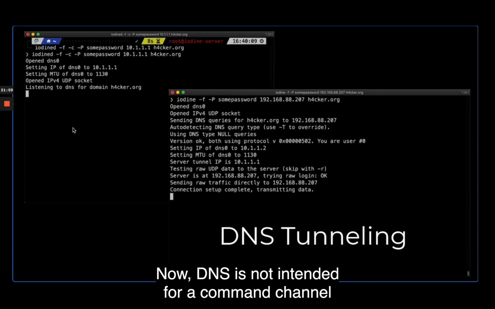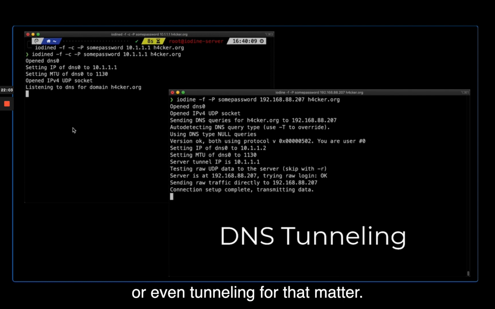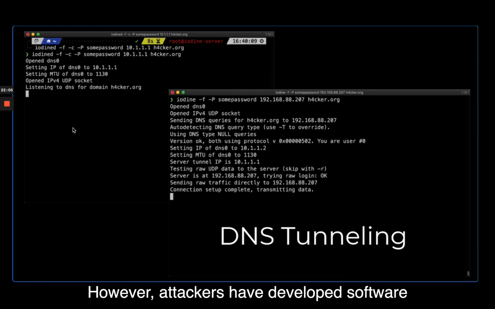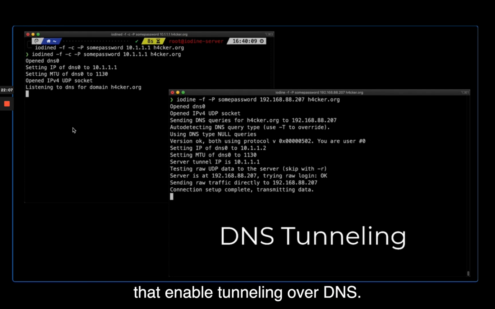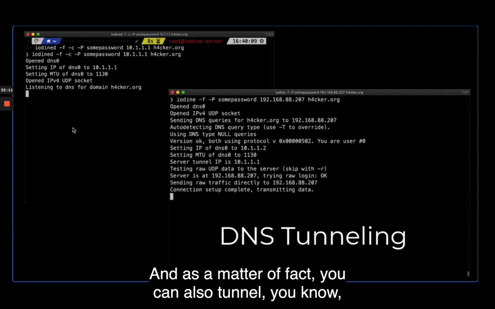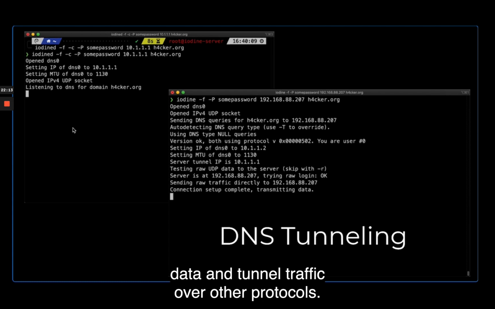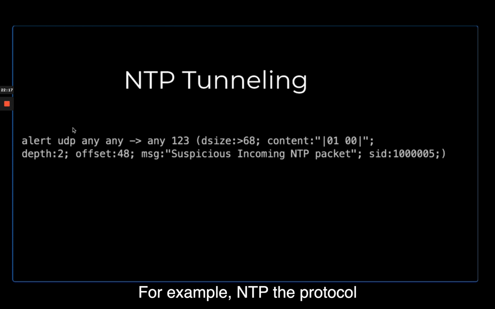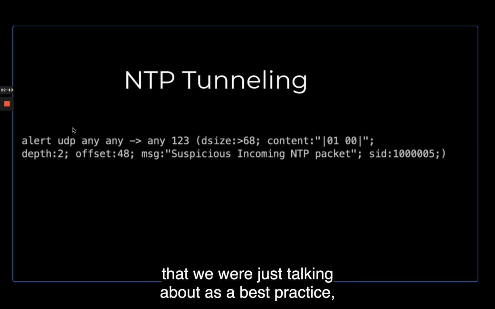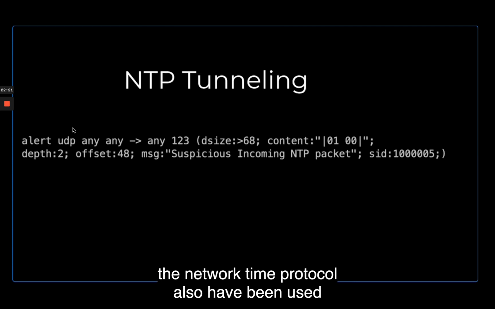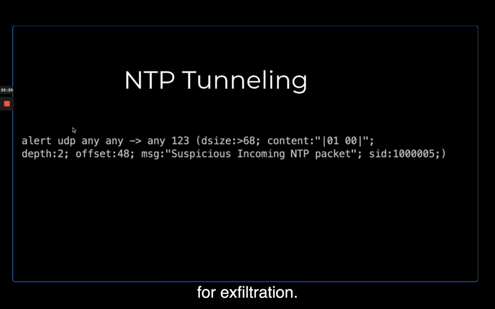DNS is not intended for a command channel or even tunneling for that matter. However, attackers have developed software that enables tunneling over DNS. As a matter of fact, you can also tunnel data and traffic over other protocols, like, for example, NTP, the Network Time Protocol that we were just talking about as a best practice, which has also been used for exfiltration. And there are many other ones that have also been used.